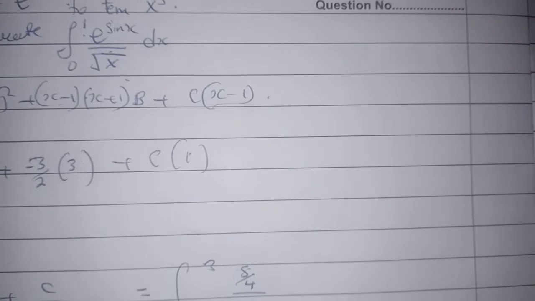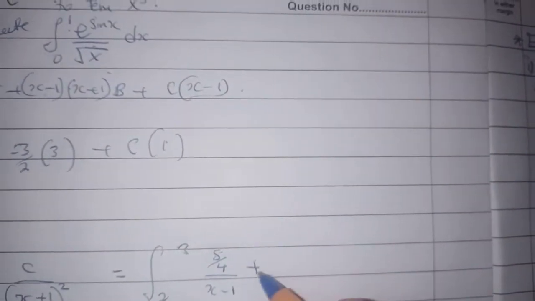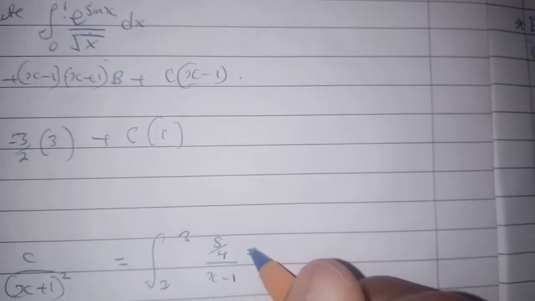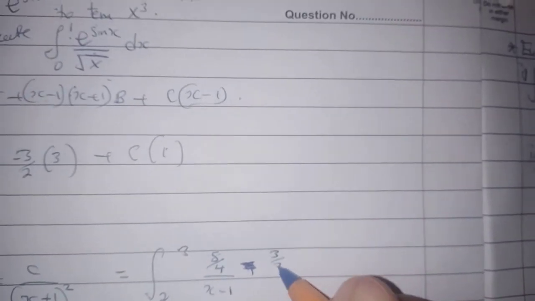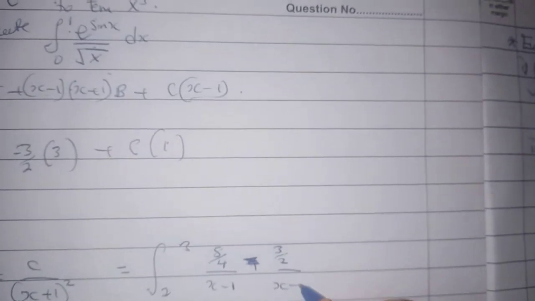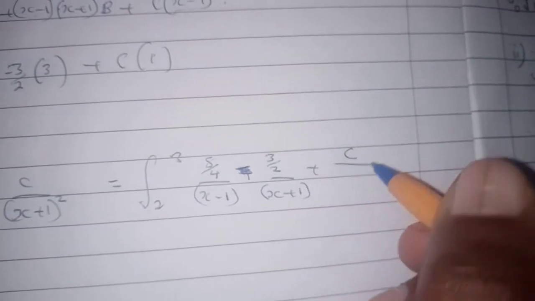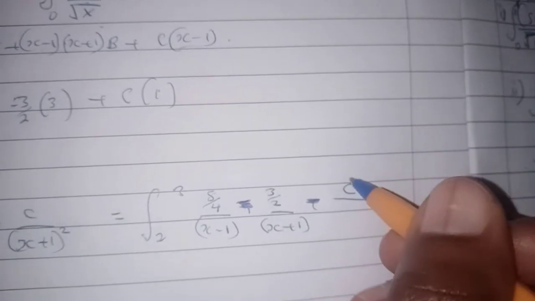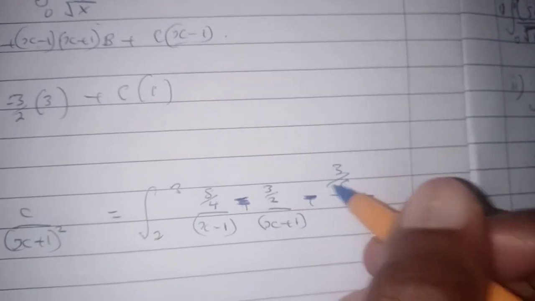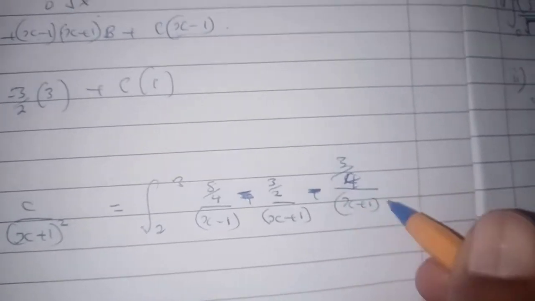So plus b, our b is minus 3/2, so it will be minus 3/2 over x plus 1. Then finally plus c, our c is minus 3/4, over x plus 1 squared. Can't you see now? It's simple.